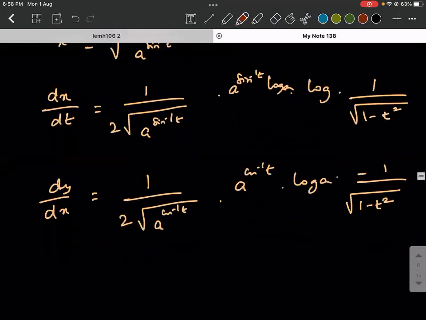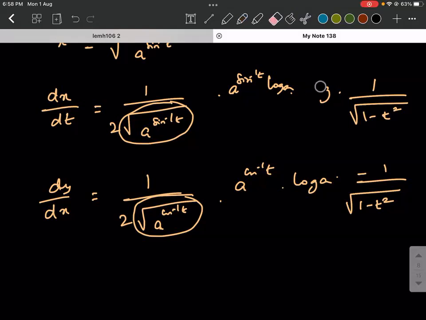Now find dy by dx. All common terms will get cancelled. Root of a power sine inverse t can be written as x. Root of a power cos inverse t can be written as y. 2 and 2 will get cancelled, and log a cancels.